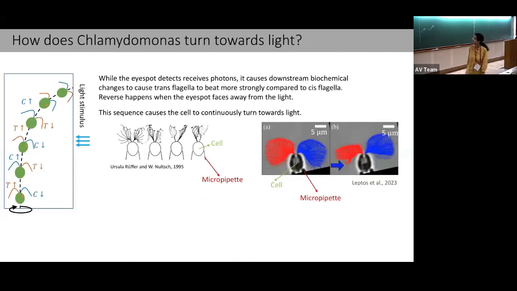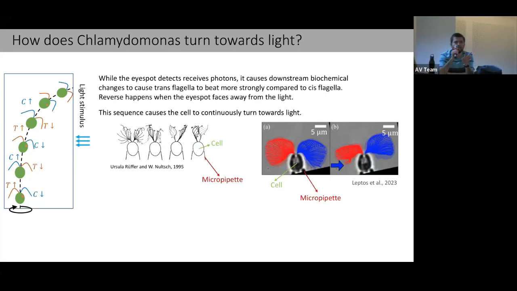So in the first step, the eye spot is towards the light, and the cis flagella motion is suppressed, right? But in the second step, as the eye spot is in the shadow region, both the flagella should have equal motility, right?